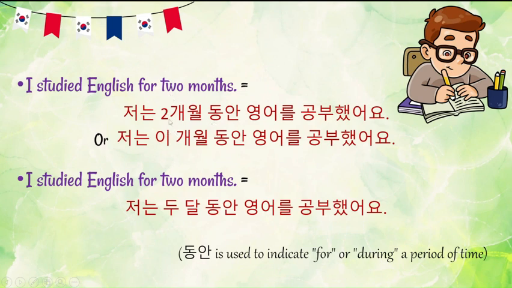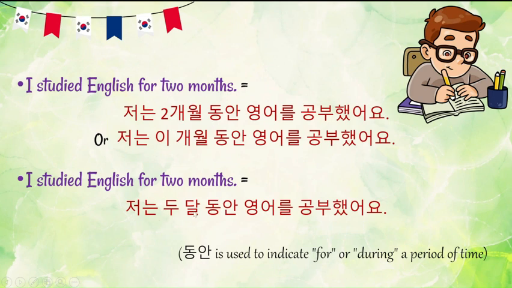Two ways: number, word. Alright, now if you're using 달, you have to use the pure Korean number. So it is going to be 저는 2달 동안 영어를 공부했어요. Here for 2, I have used the pure Korean number 둘.